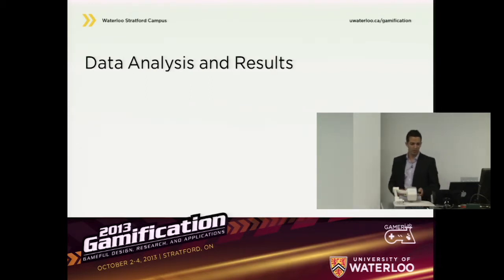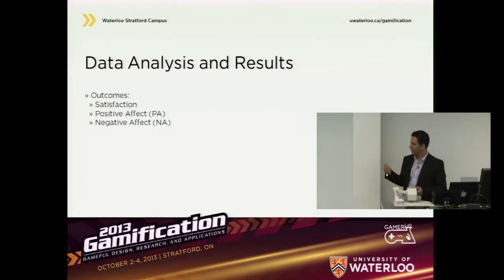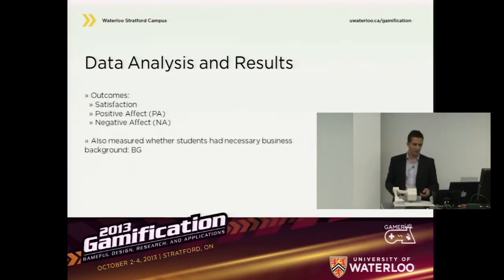And in the analysis, we first chose 3 constructs for the outcomes of the engagement. One was satisfaction. We measured if they're satisfied, and positive and negative effect, which we call PA and NA.